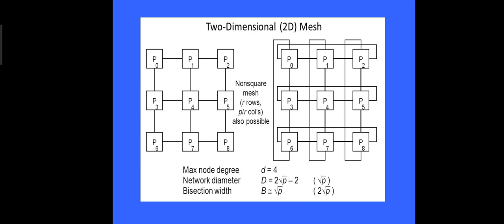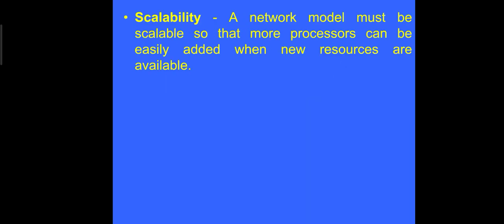That is said to be the bisection width, which is 2 root P. So the maximum node degree D equals 4, network diameter equals root P, and bisection width equals 2 root P. Okay, so that's all about this 2D mesh network.